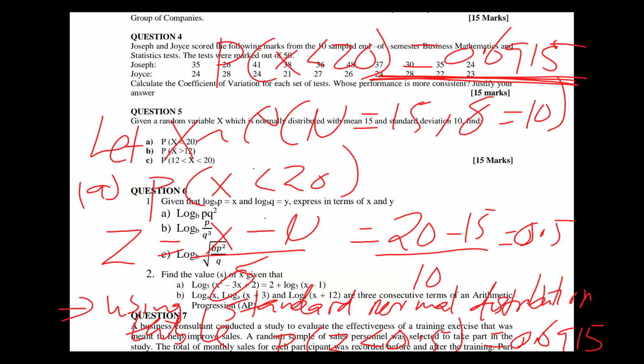Sir, you're too fast on question 5. I haven't gotten anything. I said on question number 5, this question comes from probability distributions, which is almost the fourth or fifth topic in business statistics.